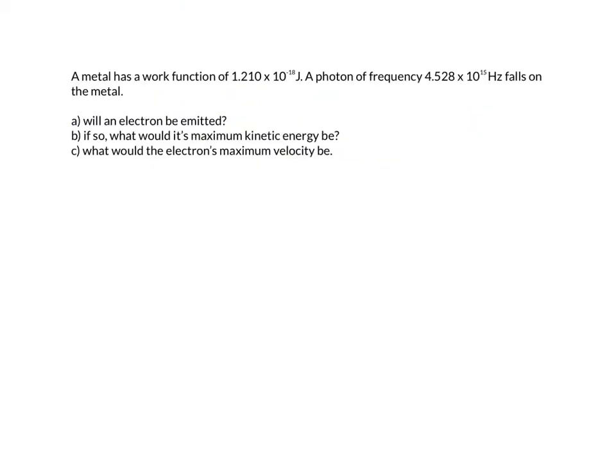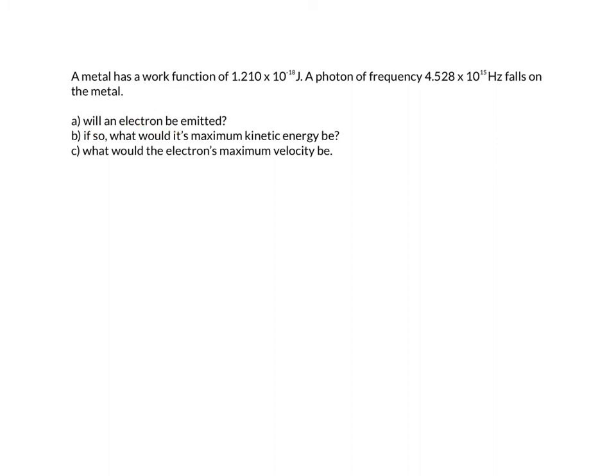So we'll start off with this question here. They tell us that a metal has a work function of 1.210 by 10 to the power of minus 18 joules. A photon falls on this metal, which has a frequency of 4.528 by 10 to the power of 15 hertz. So the first thing they want to know is, will an electron be emitted?